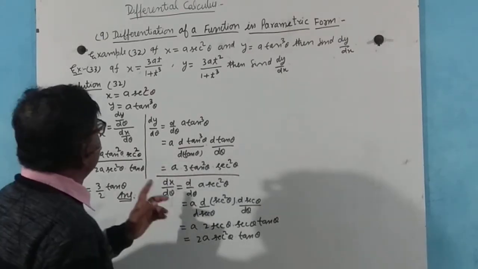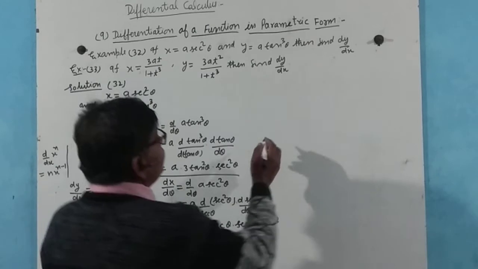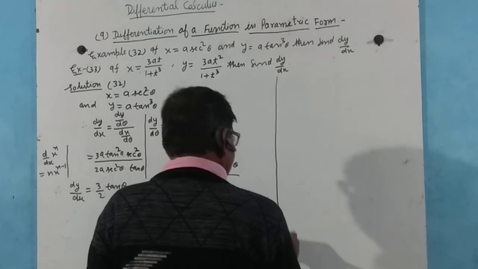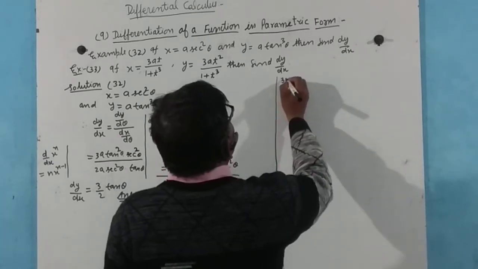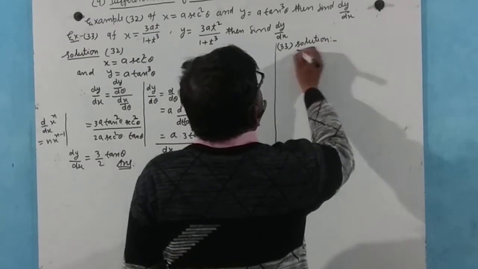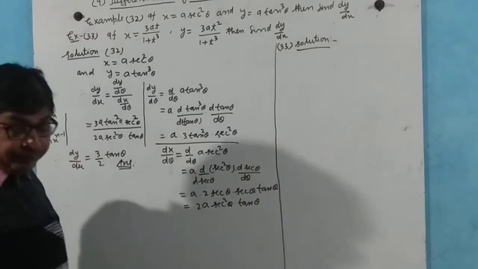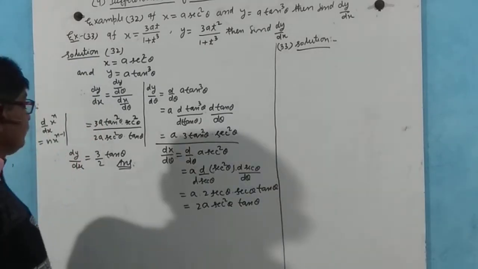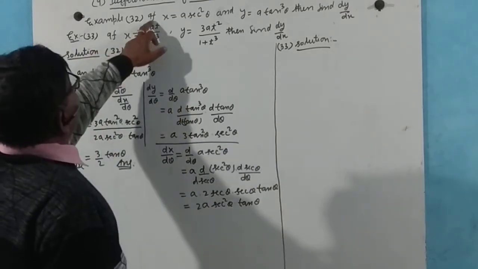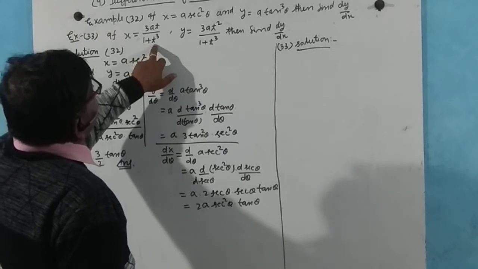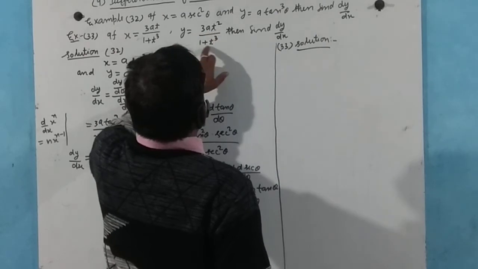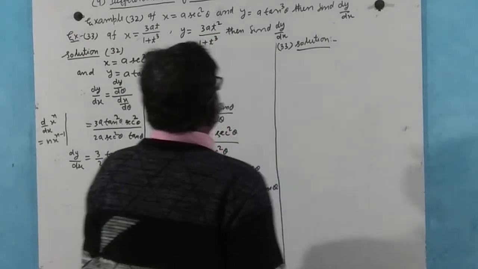Now question number 33. Solution. In this case, if x is equal to 3a t divided by 1 plus t cube, and y equals 3a t square divided by 1 plus t cube, then find dy by dx.